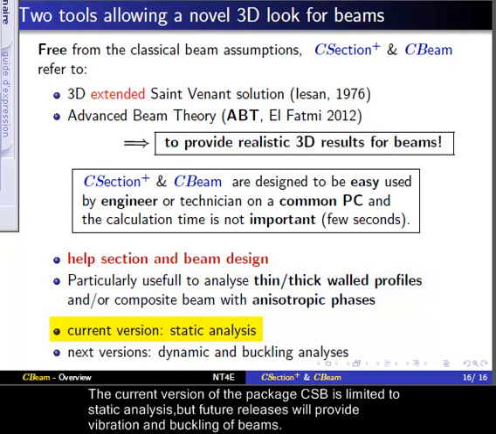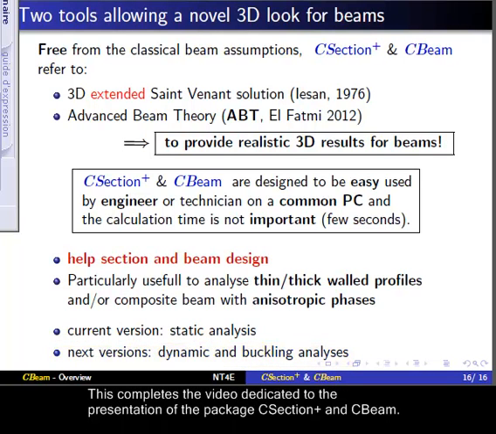The current version of the package CSB is limited to static analysis, but future releases will provide vibration and buckling of beams. This completes the video dedicated to the presentation of the package CSection Plus and CBeam.